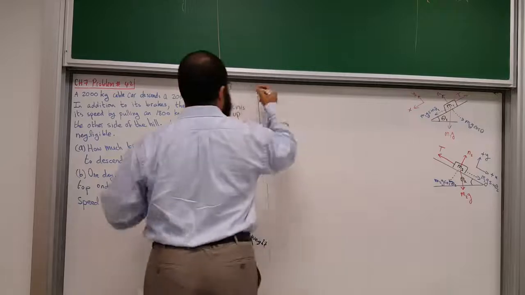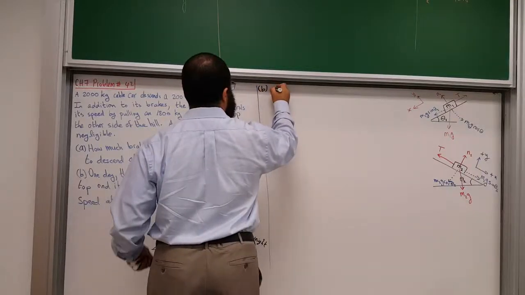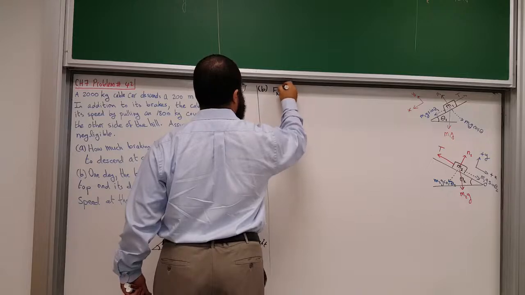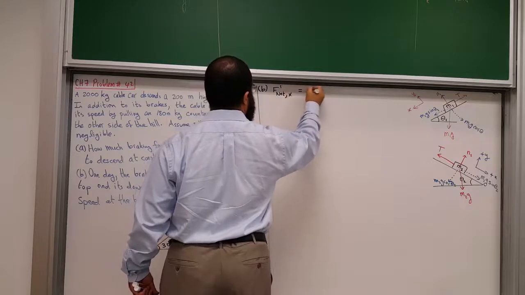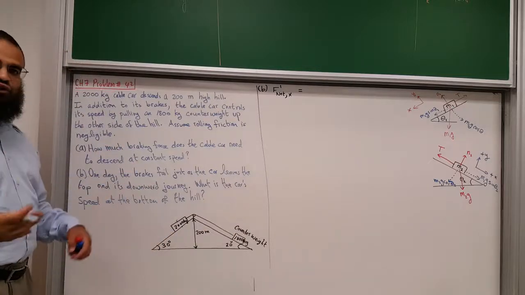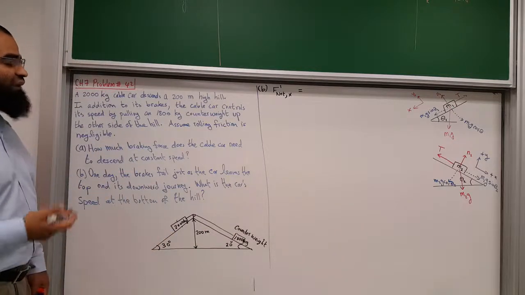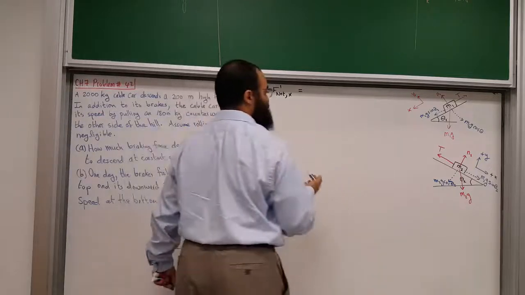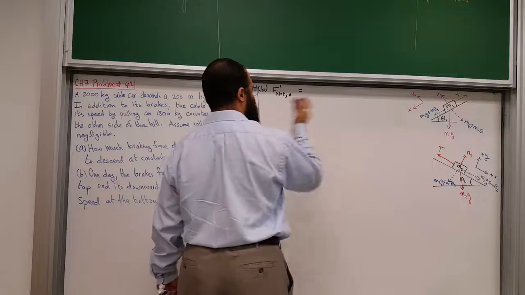So here's part B. Again, we'll say the net force on object 1 in the x direction will equal to. Now, earlier they guaranteed us you have enough braking force to make it move at constant velocity. But now there is no braking force, so it might accelerate. So you have no right to assume the acceleration is 0. They didn't tell us that.